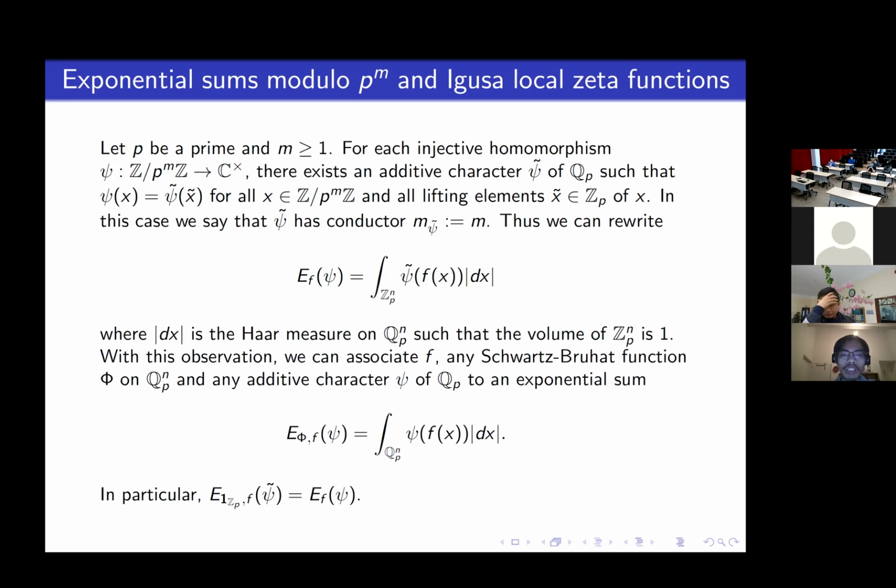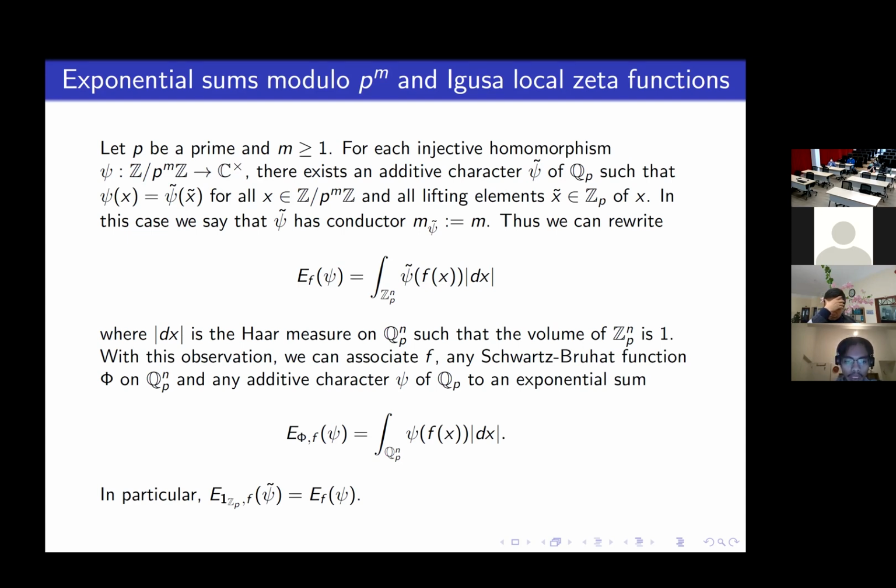Because of this observation, we can associate to f, any Schwartz function phi on Q_p^n and any additive character psi of Q_p, an exponential sum denoted by E_phi(f, psi) equals the integral over Q_p to the n of phi(x) psi(f(x)) dx. And here I recall that a Schwartz function on Q_p to the n is a locally constant function with compact support.